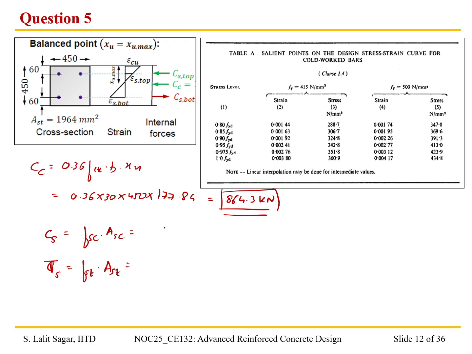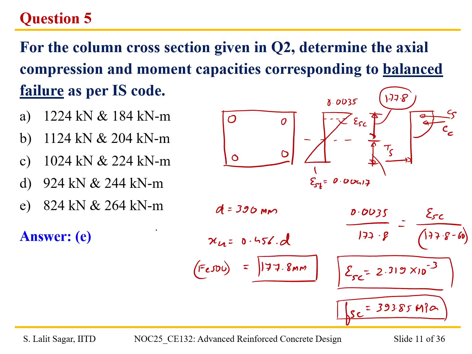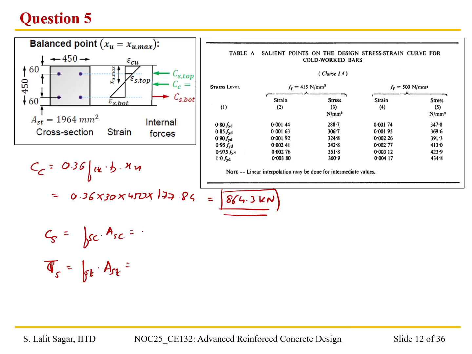So we have FSC is 393.85 into 981.75, and then TS we can take directly, that is 434.8 into 981.75. Let us write down what are the resultant forces.